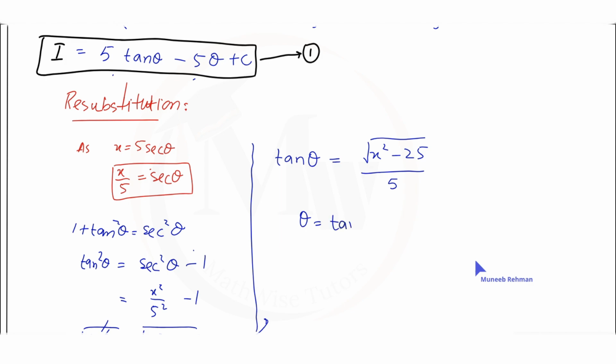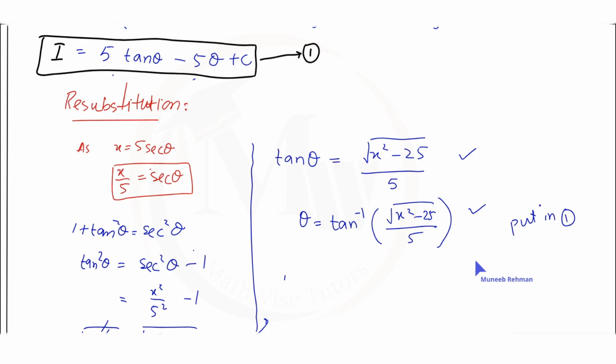So this becomes tan inverse of this function. We'll not write it after that, we have to write it before this. This tan will become tan inverse, and inside we'll have this term. So in the place of theta, we'll plug this value, and in the place of tan theta, we'll plug this value. So put the values in equation 1.